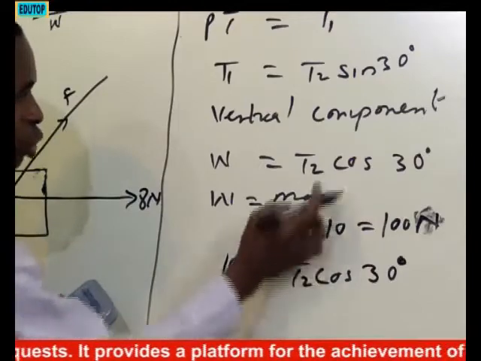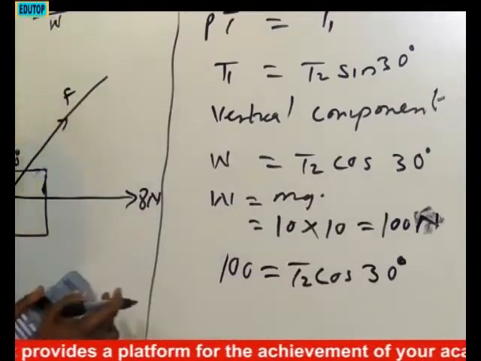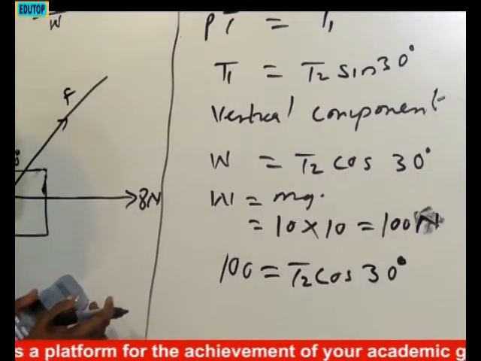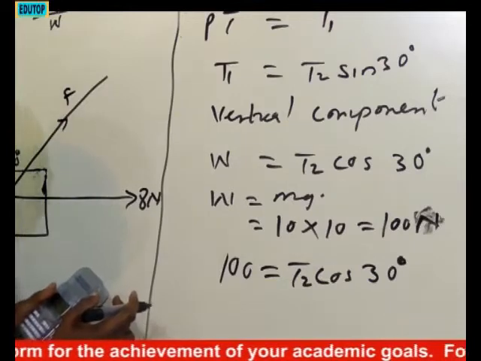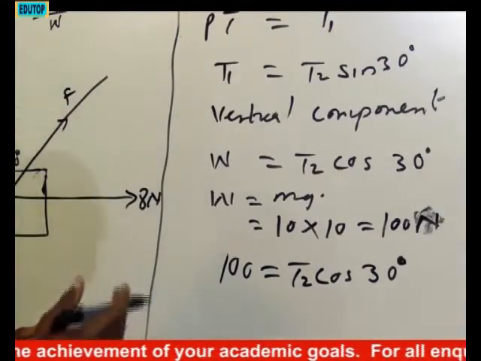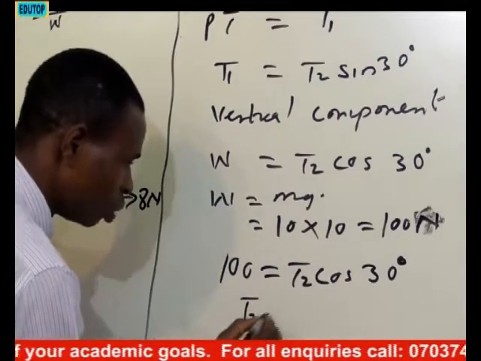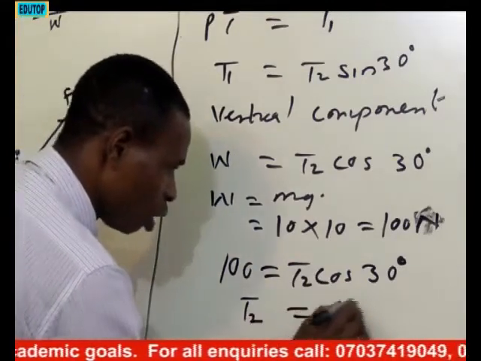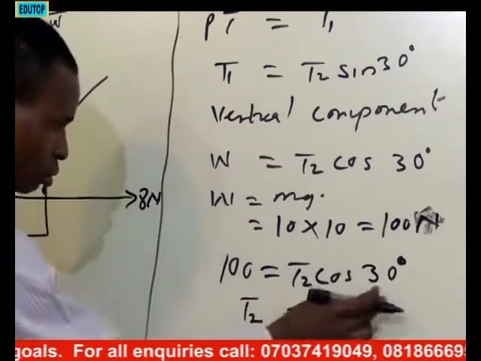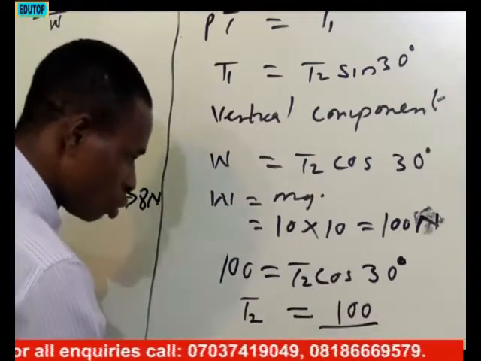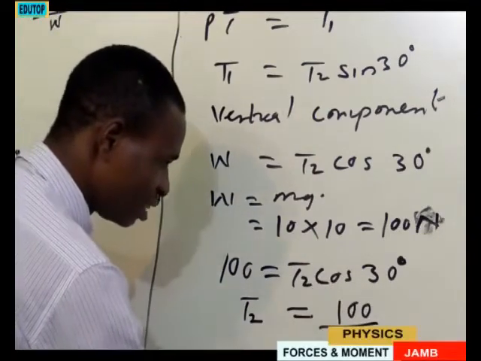You can see that? So let's make T2 the subject of the formula. T2 will be equal to 100 divided by cos 30 degree.